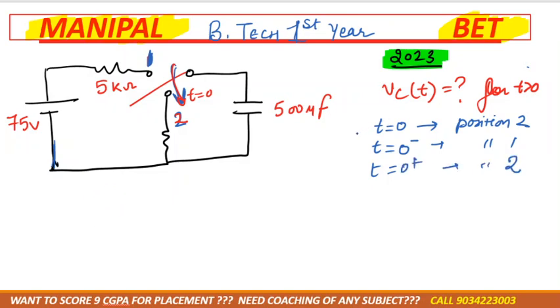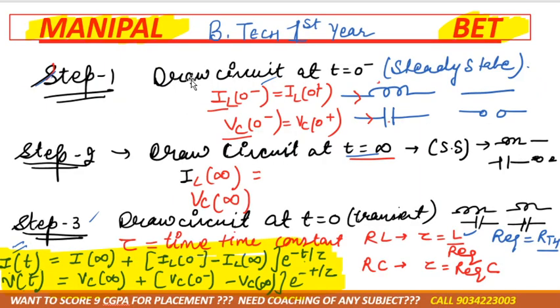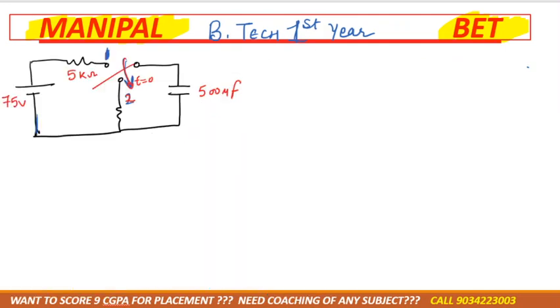Now draw 3 circuits. Step 1, t equal to 0 minus. Step 2, t equal to infinity. Step 3, t equal to 0 plus. Draw the 3 circuit diagrams. Step number 1, draw the circuit at t equal to 0 minus, and capacitor will behave as an open circuit.